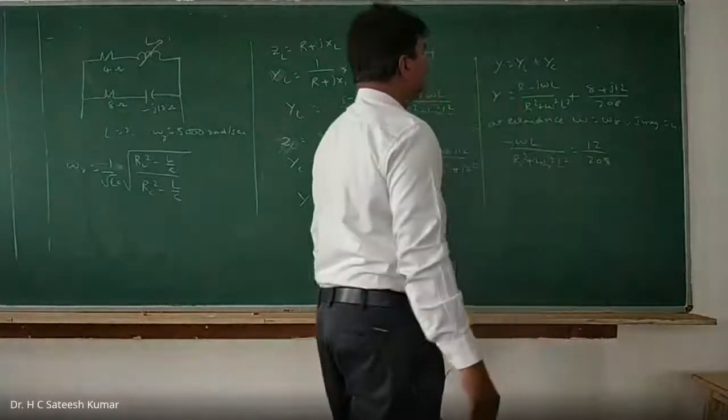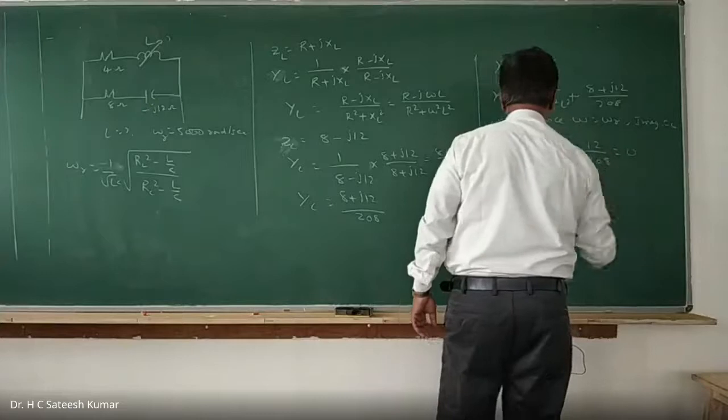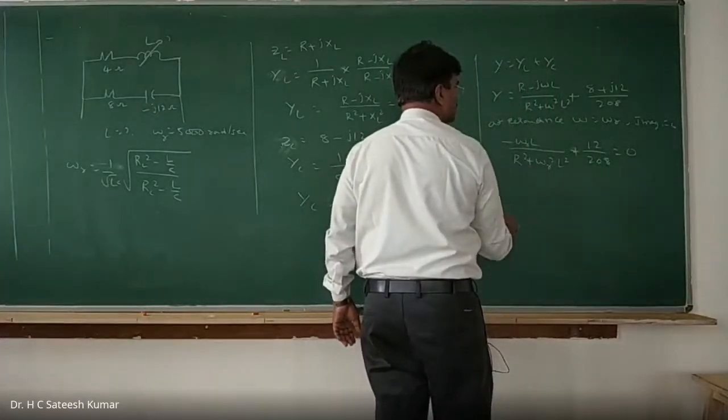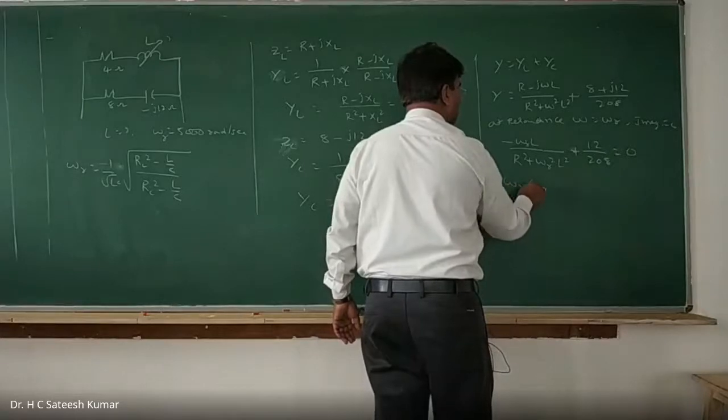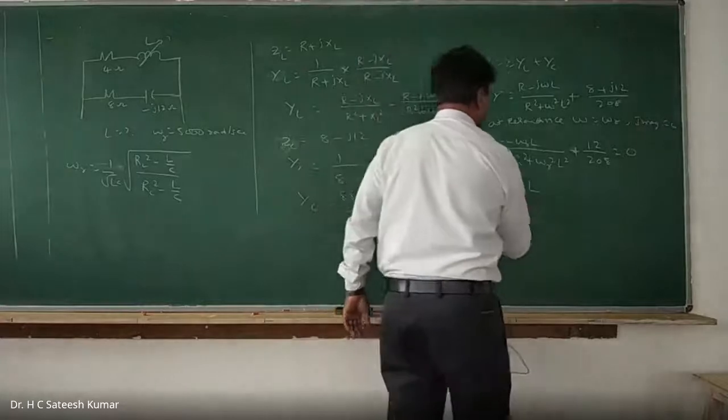So omega r into L divided by R square plus omega r squared L squared is equal to 12 divided by 208.